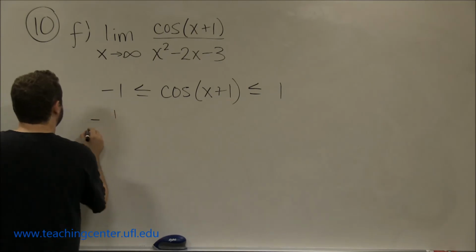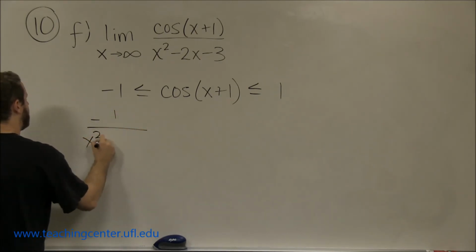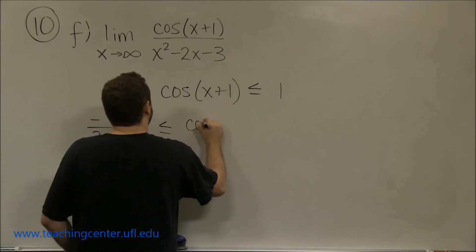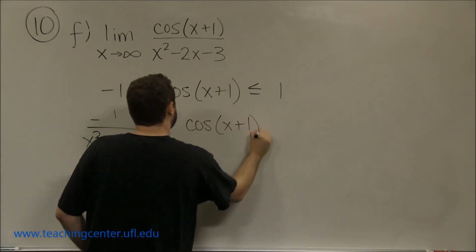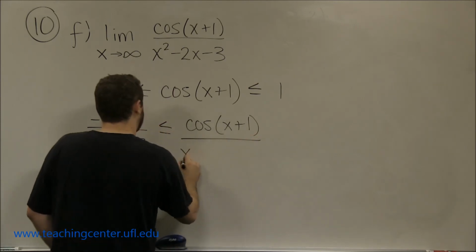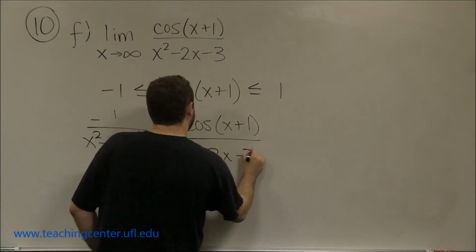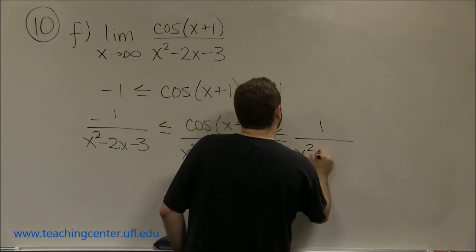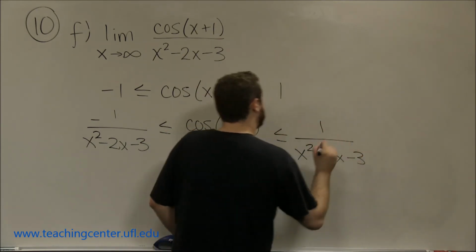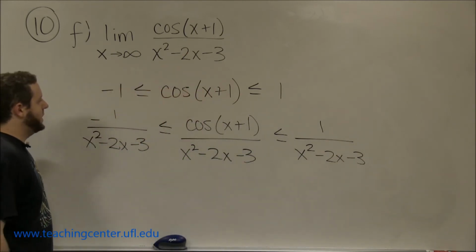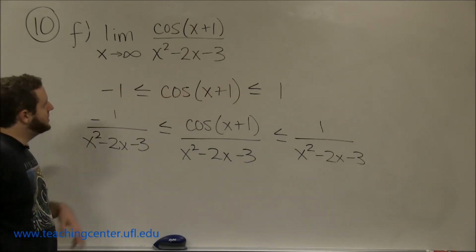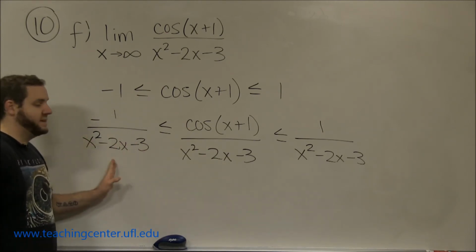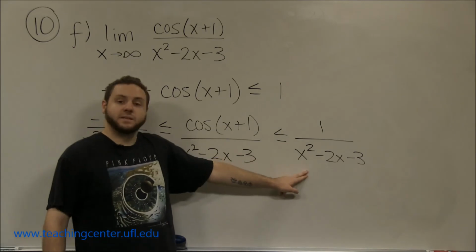So then we get negative 1 over x squared minus 2x minus 3 is less than or equal to our original function, and that's less than or equal to positive 1 over x squared minus 2x minus 3. So by just dividing all the terms, what we end up with is our original function in the middle, and it must be bounded by this on the lower side and this on the upper side.